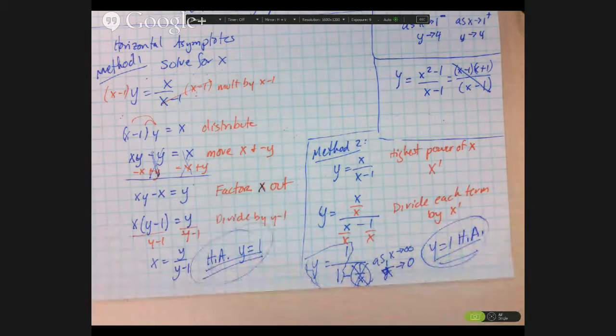There's your horizontal asymptote. All you have left is 1 over 1. It gets a little more complicated, but we save that for calculus.